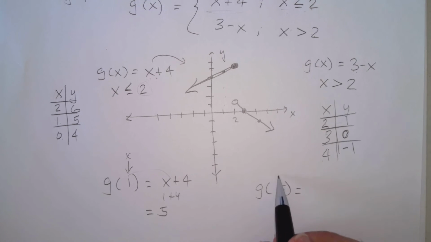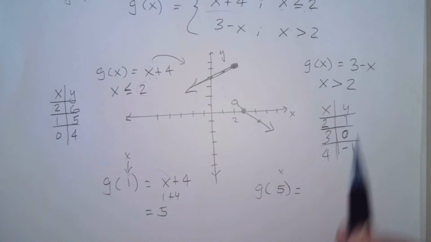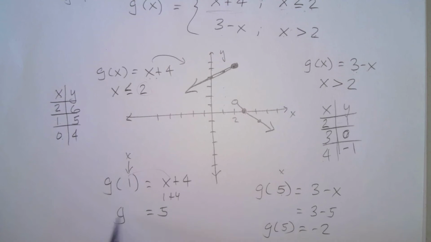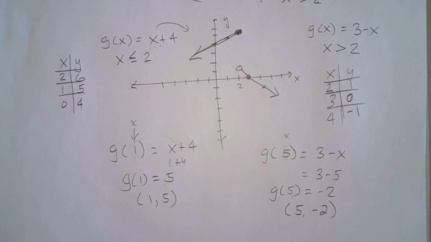Now 5. There's my x. Is 5 greater than 2? Yes. So I use this equation. 3 minus 5 is negative 2. Remember, these are also points. This is the x, this is the y value. So we can plot those points as well.